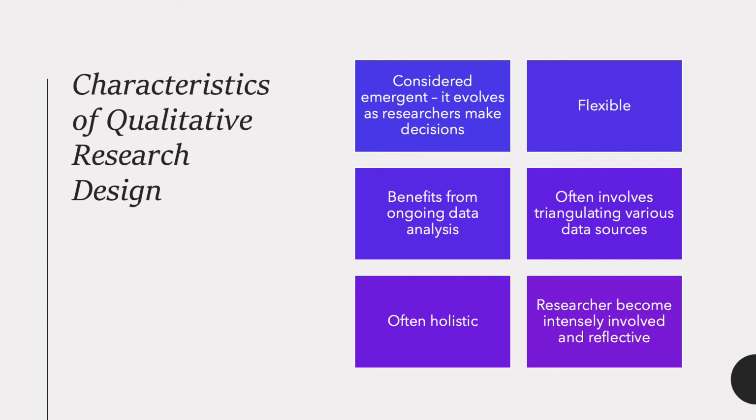We also know that it benefits from ongoing data analysis. We don't have to wait until all data is in to do analysis. In fact, we do analysis as we go. And by doing that, if adjustments are needed, those adjustments can be made. And it often involves triangulation of various data sources.